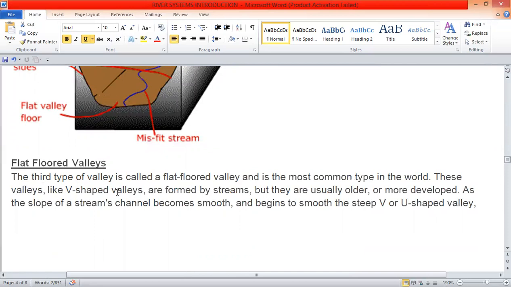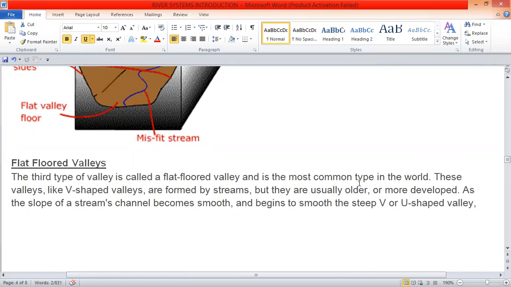The third type of valley is called a flat floor valley and is the most common type in the world. These valleys, like V-shaped valleys, are formed by streams, but they are usually older. Why do you say older?